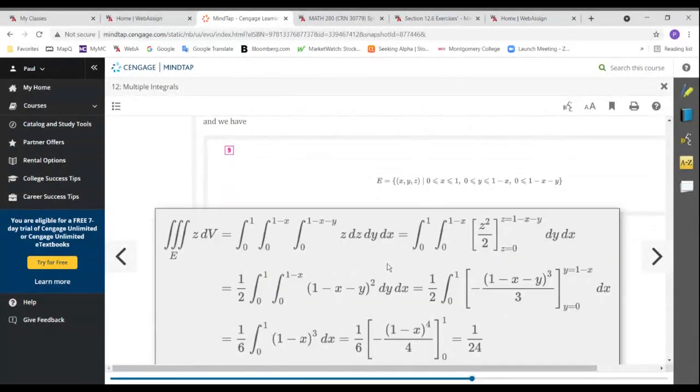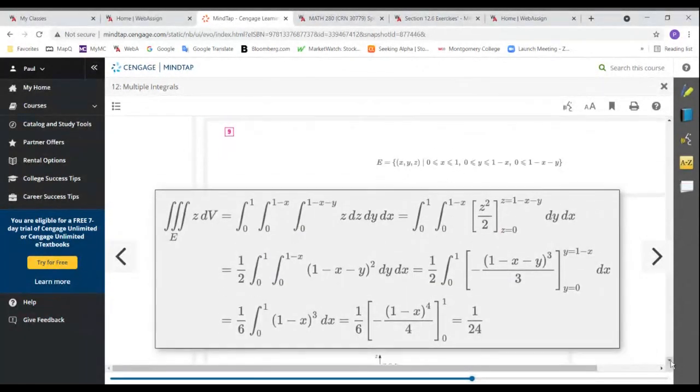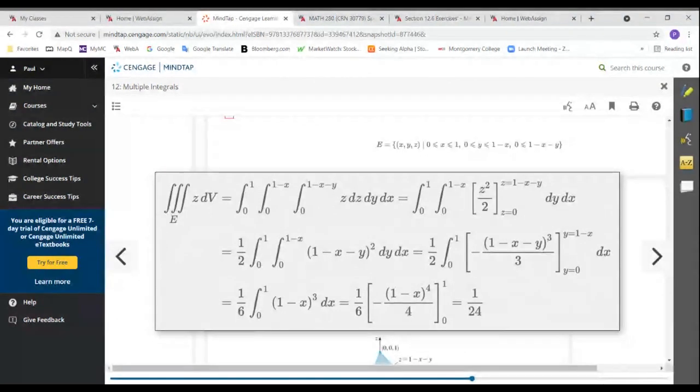So okay, here then is the triple integral. So the tetrahedron is bounded below by the xy plane, z equals 0, and then it's bounded above by the plane z equals 1 minus x minus y.